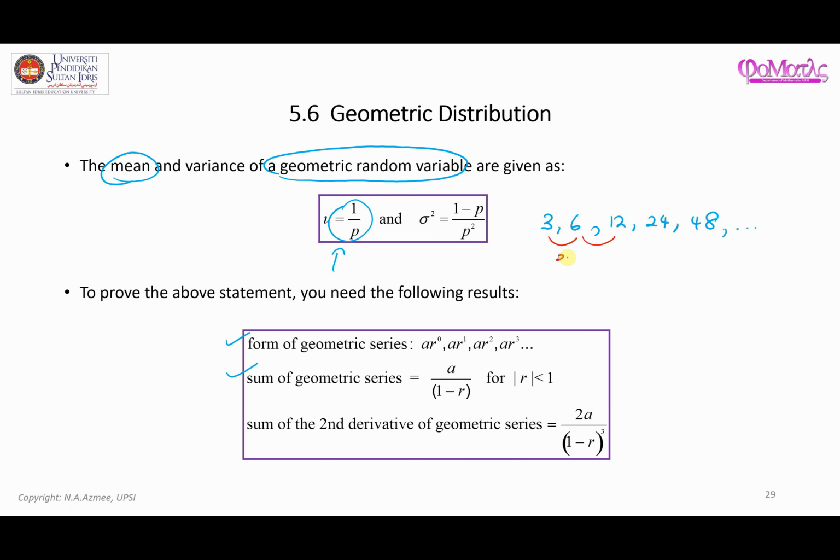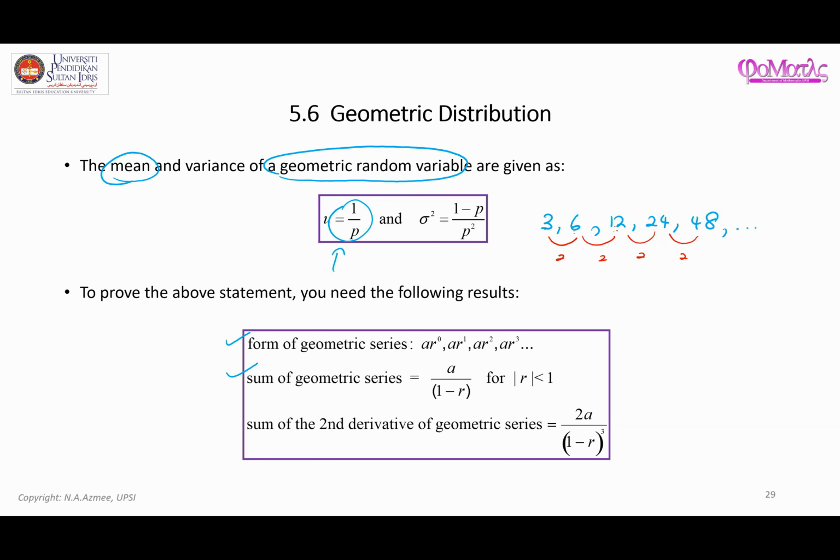You can see that 6 divided by 3 is 2, 12 divided by 6 is 2, 24 divided by 12 is 2, 48 divided by 24 is 2. So that's the common ratio. The common ratio here is 2.